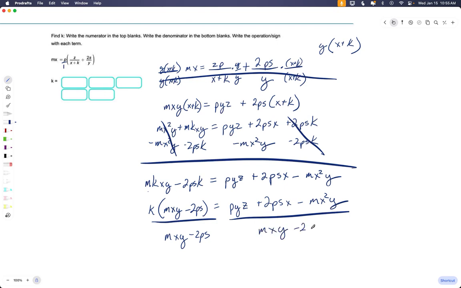On both sides, which cancels this, which means k is equal to pyz plus 2psx minus mx squared y, over mxy minus 2ps.